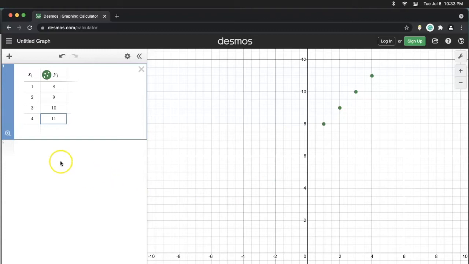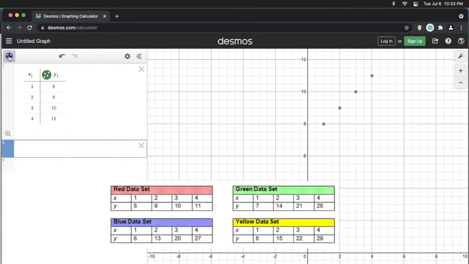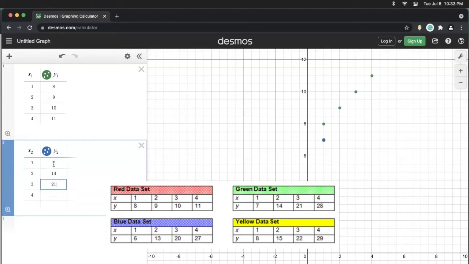No. So that one is not a proportional relationship. Let's look at the second one. Let's go ahead and add another table. 1, 2, 3, 4. This time we'll do the green data set, and this is 7, 14, 21, 28.